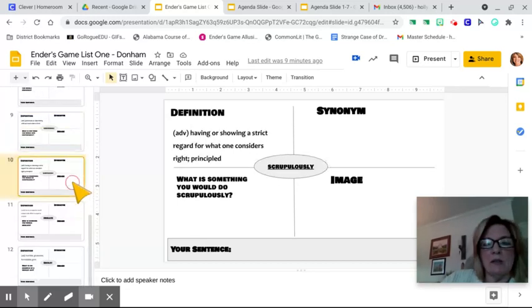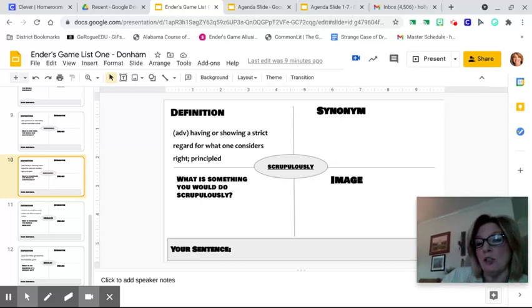The next word is going to be scrupulously. Having a strict regard for what is right. Doing the right thing, doing it according to the rule, doing it the way it ought to be done. You're doing it scrupulously, okay? The question over here is, what is something that you would do scrupulously?